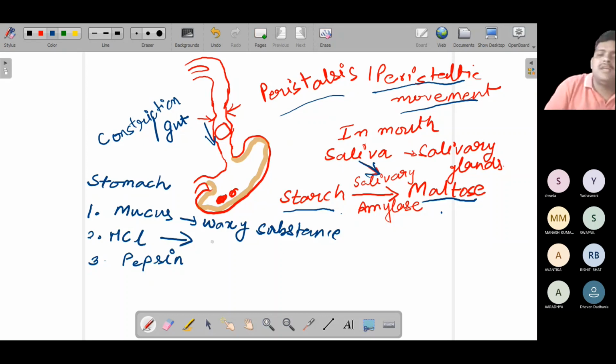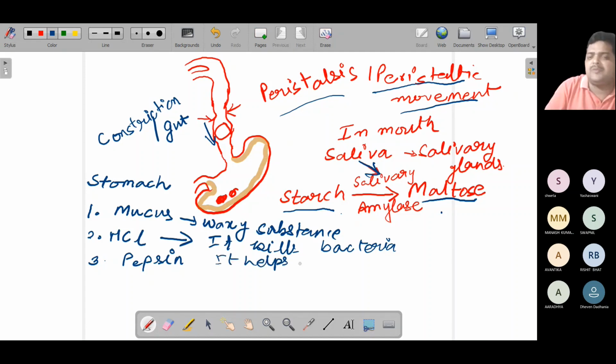Hydrochloric acid kills the bacteria. The second thing is it helps pepsin. And what does pepsin do? Pepsin digests milk proteins.